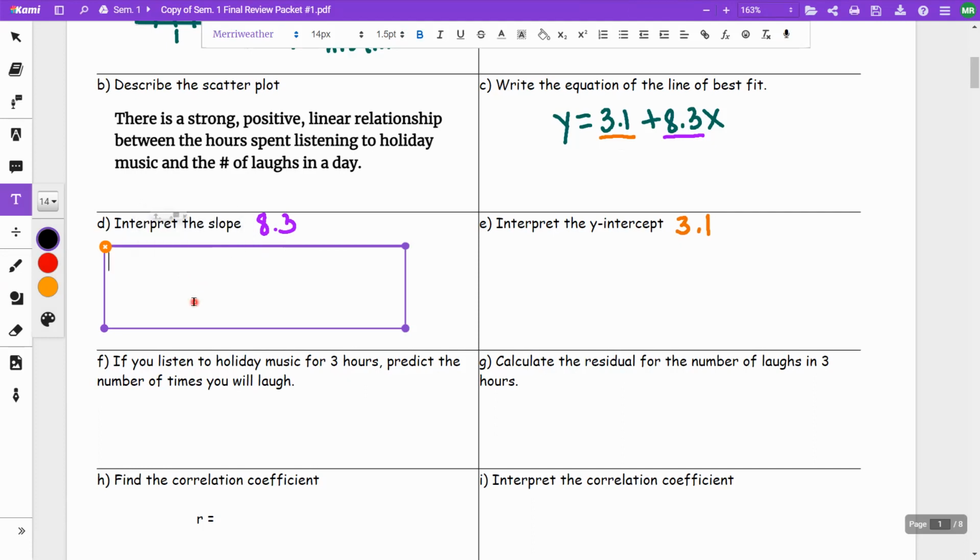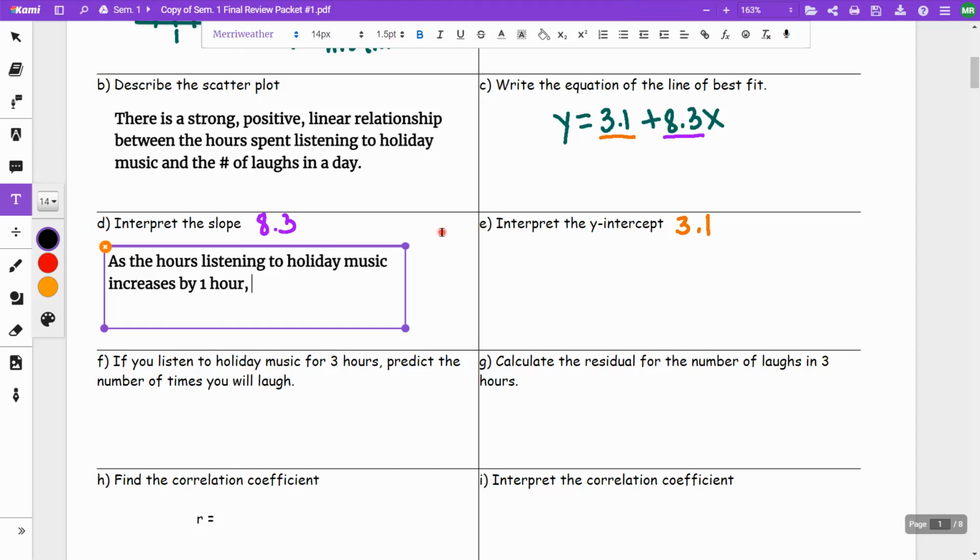I am going to be starting out with as the, and it's going to be our x. So as the hours listening to holiday music increases by 1 hour, because we're talking unit rate here.